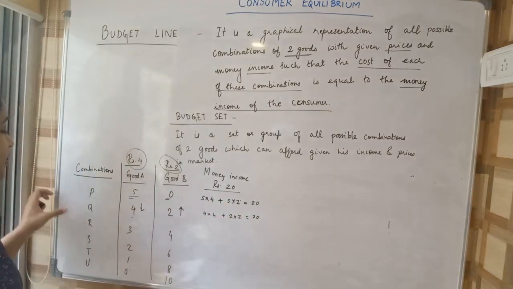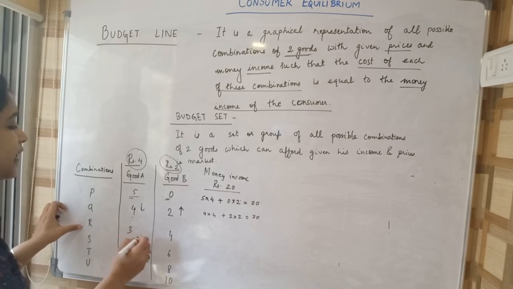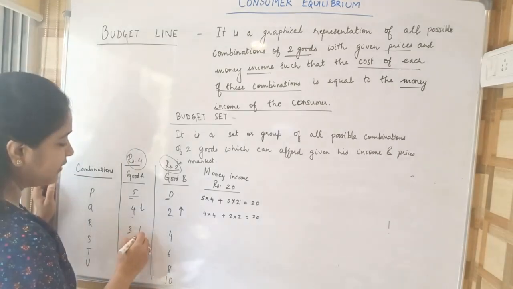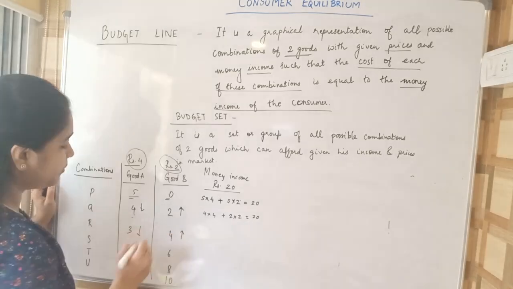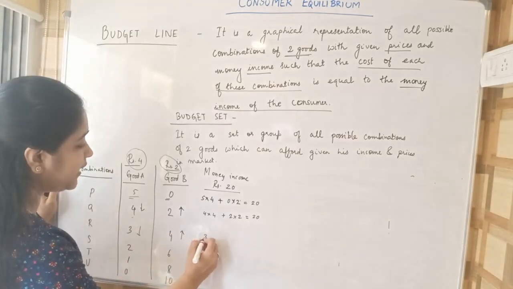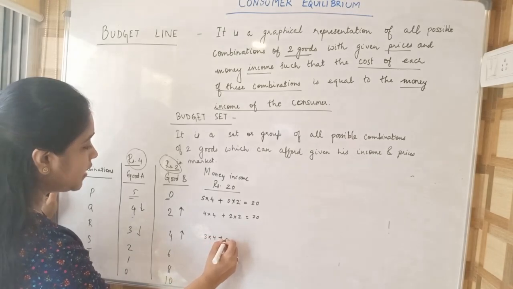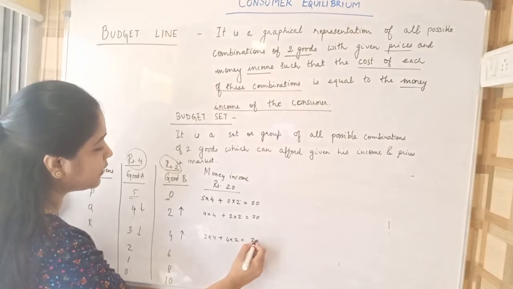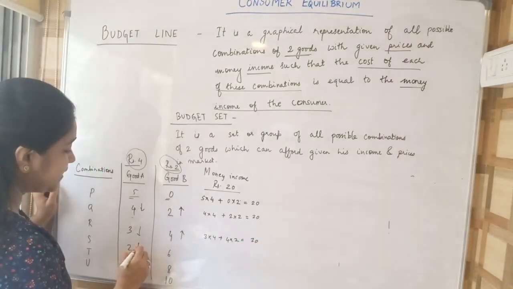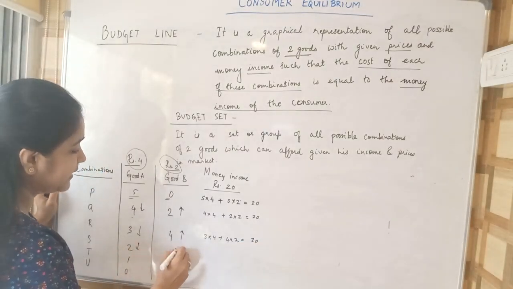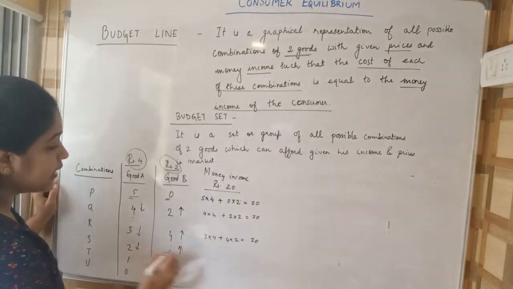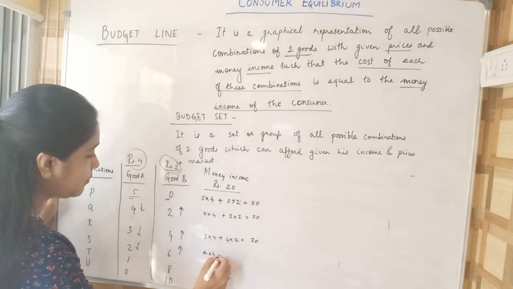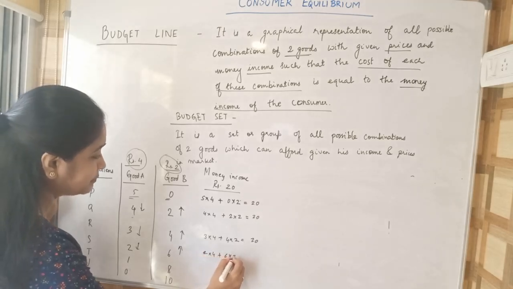Then combination R, we see 3 units of good A. Again, we are decreasing A and increasing good B, so it will be 3 into 4 plus 4 into 2, that is 12 plus 8, which is equal to 20. Again, this is decreased by 1 unit, and this is increased by 2 units. 2 into 4 plus 6 into 2.